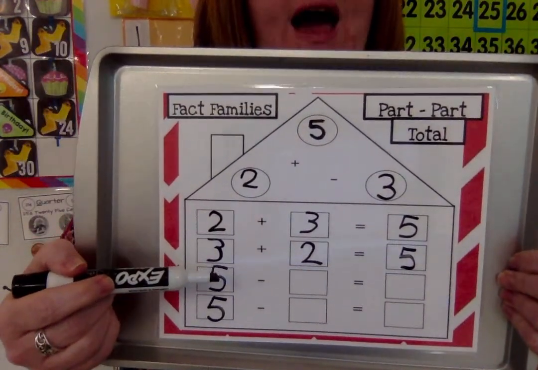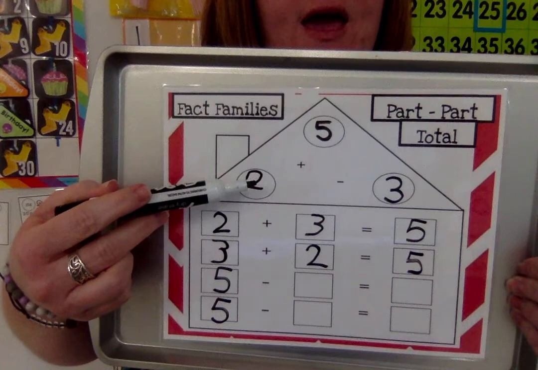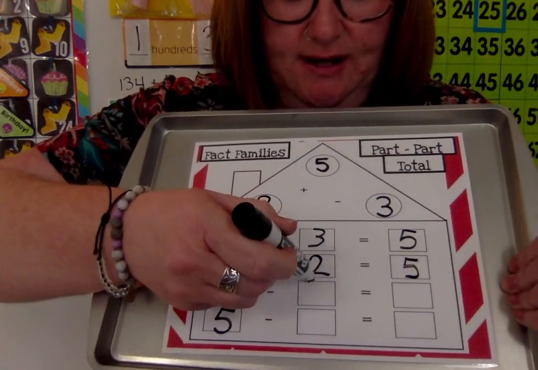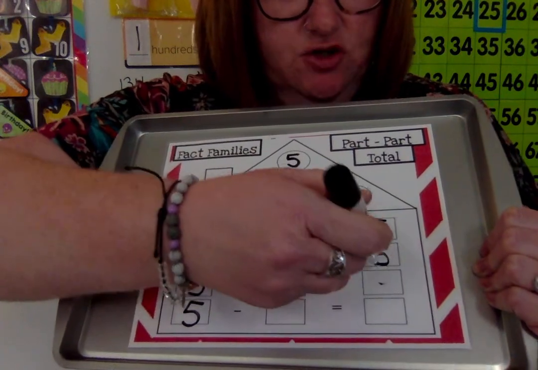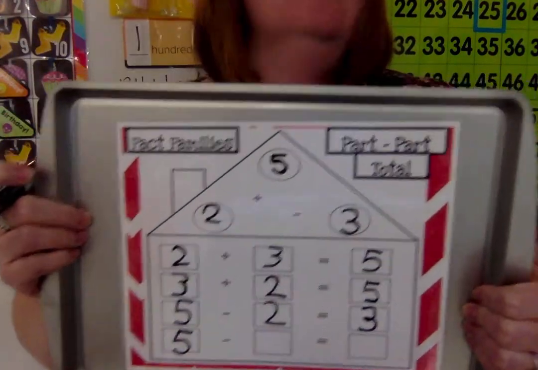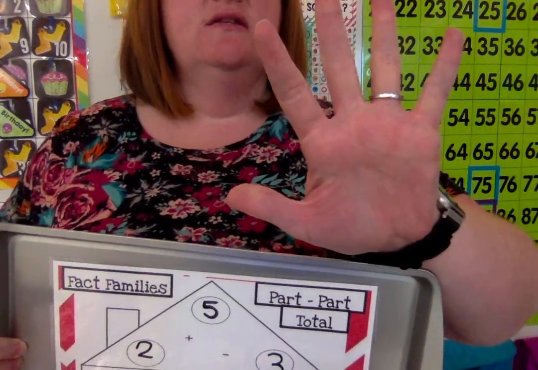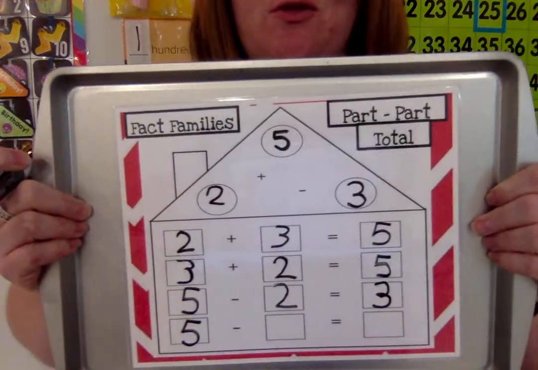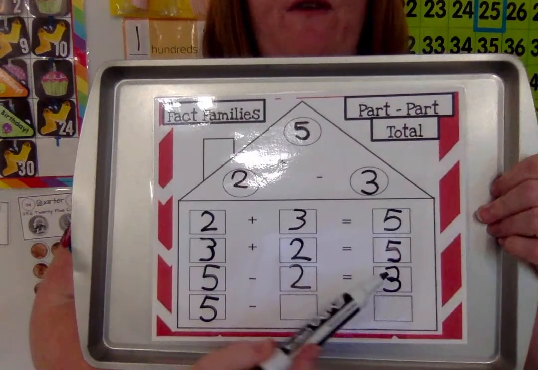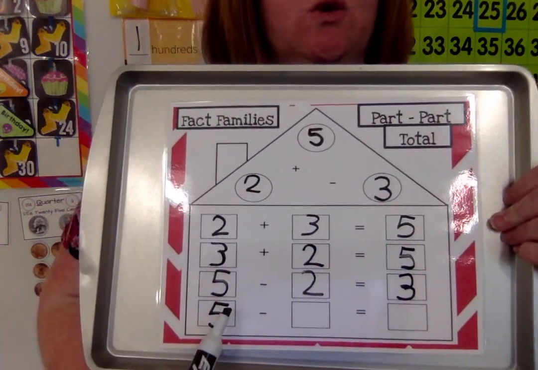So if I have 5 and I take away 2, that's the first part I saw, it should equal 3. Let's see if that's true, because that's the last number. 5 take away 2 equals 3.